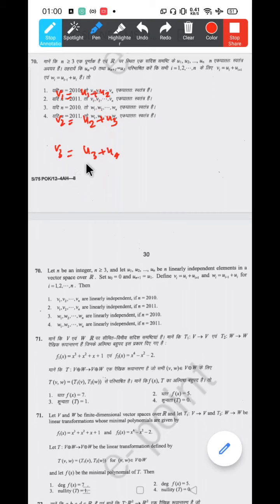I don't think so. But after that, there will be some term. See, if I find Vn minus 1, what will be that? That will be Un minus 1 plus Un. Correct? But you know that n will be 2010, so Un will be same as U1. This is U1 and this is U2. Correct? So Vn minus 1 is actually same as U1 plus U2.